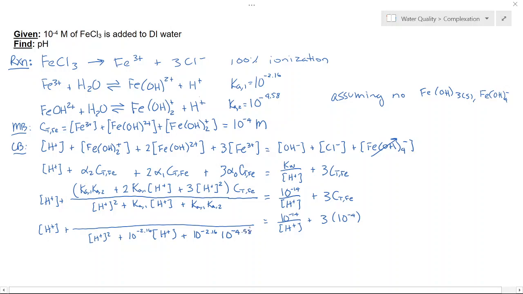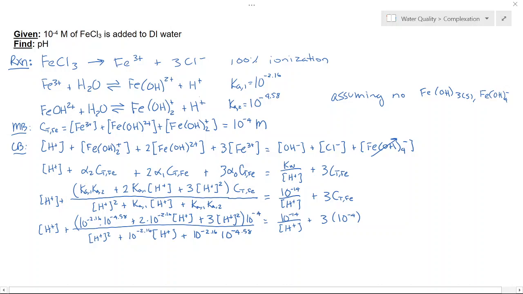Okay, let's go ahead and start putting these in. 10 to the minus 2.16, 10 to the minus 4.58, plus 2 times 10 to the minus 2.16 times hydrogen ion plus 3 times hydrogen ion squared. And then this is 10 to the minus 4.